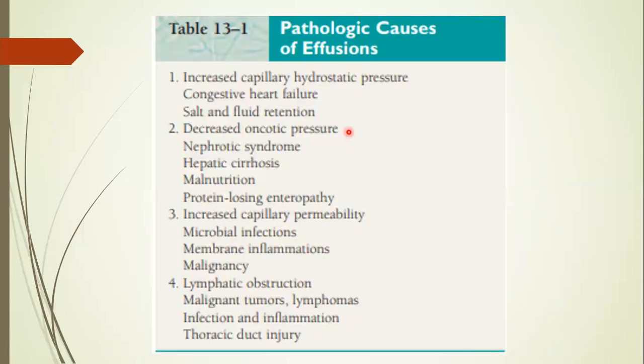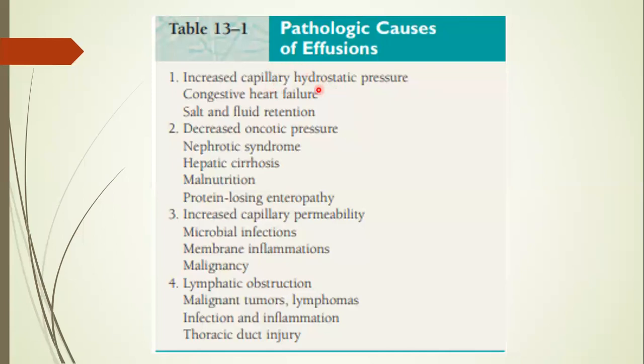Then I mentioned a while ago that there are forces that will maintain a normal volume of the serous fluid in the different serous body cavities. And what are those forces again?